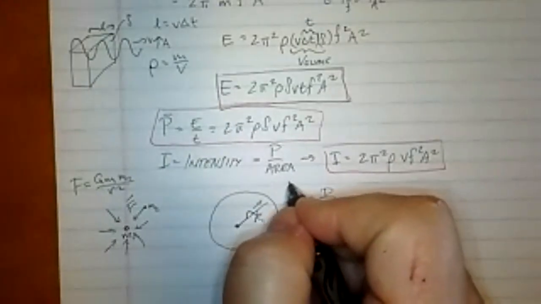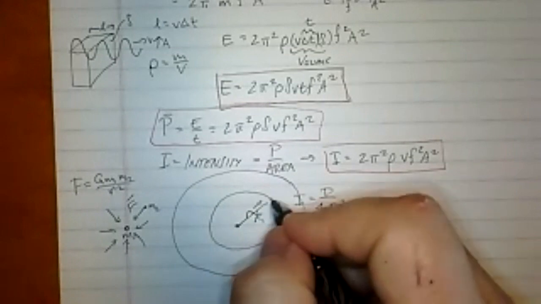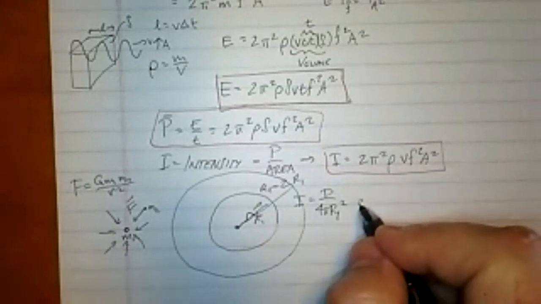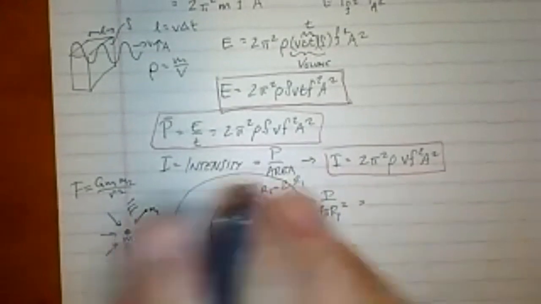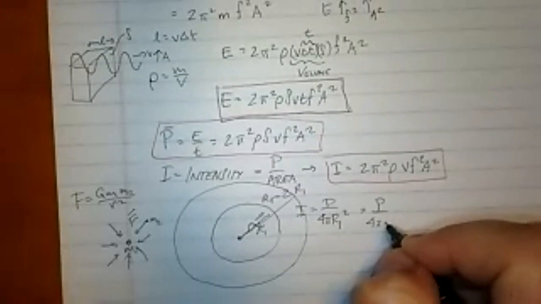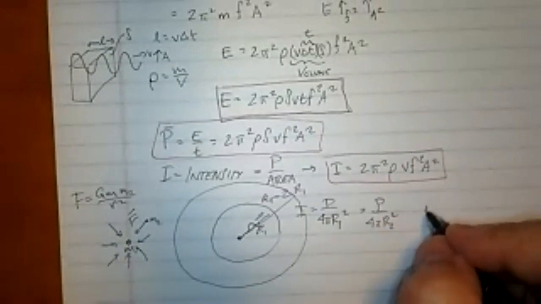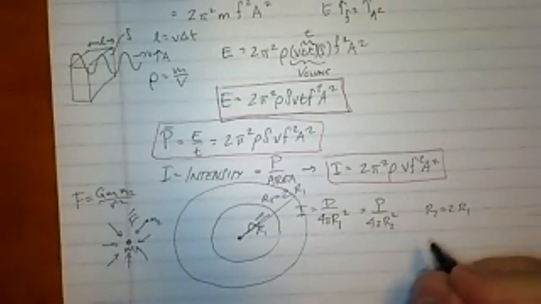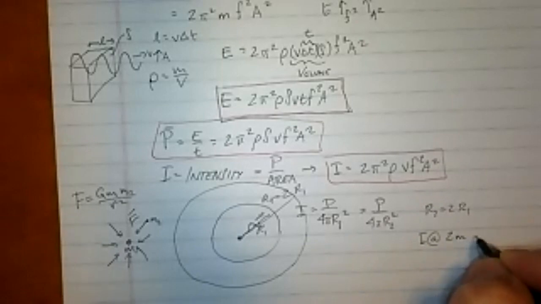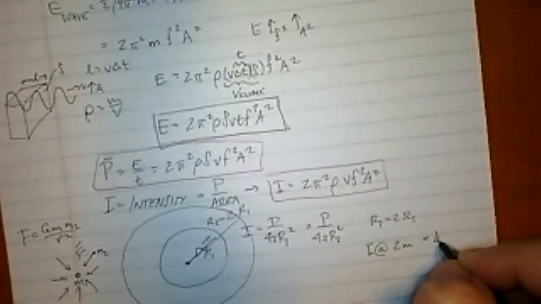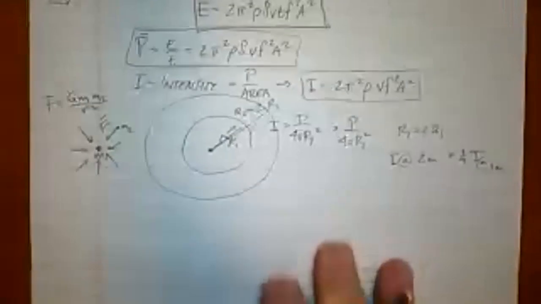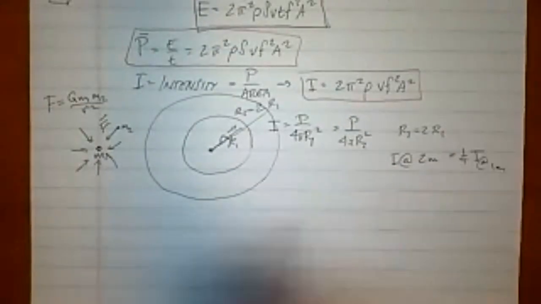But then if I go out here to say R2, which equals 2R1, then you get that same power divided by 4 pi R2 squared, but R2 is equal to 2R1. So you see that basically the intensity at 2 meters is 1/4 of the intensity at 1 meter. So what we get is evidently this intensity falls off like 1 over R squared.